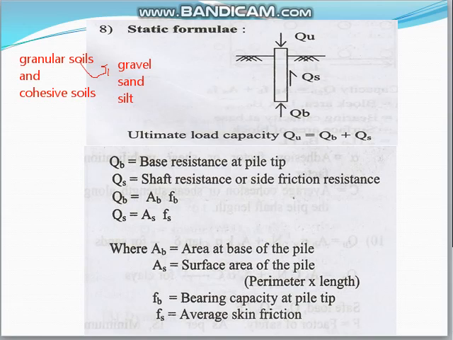So this static formula can be used for piles in granular soils and cohesive soils to calculate the ultimate load carrying capacity of a pile based on soil properties and pile geometry.